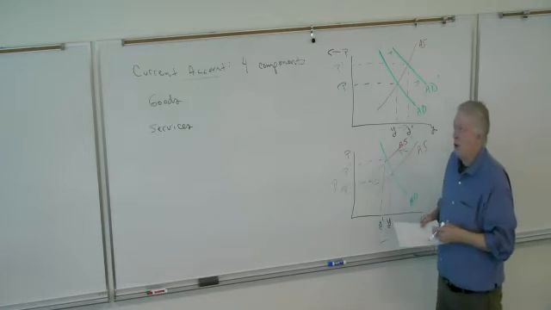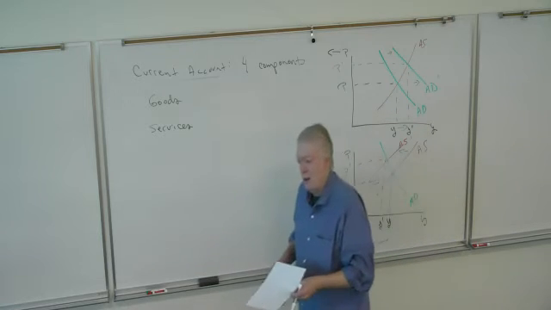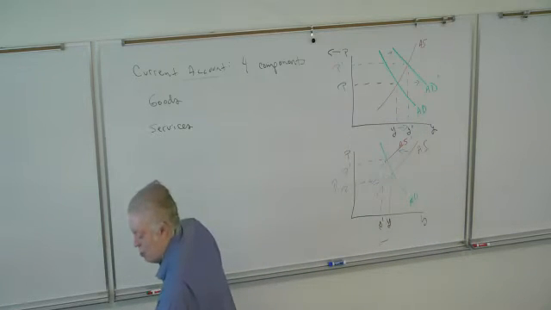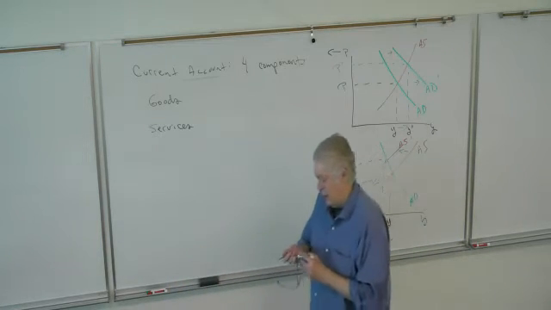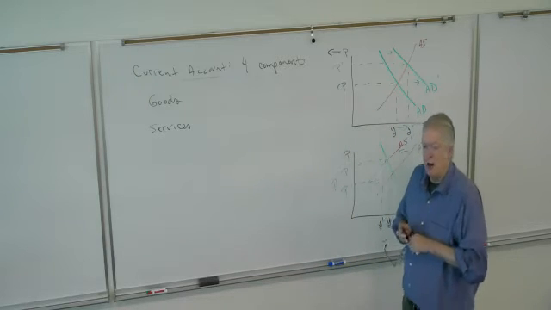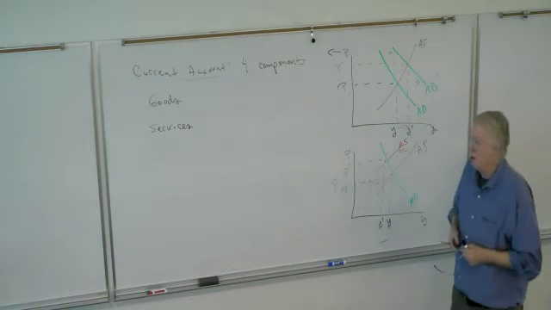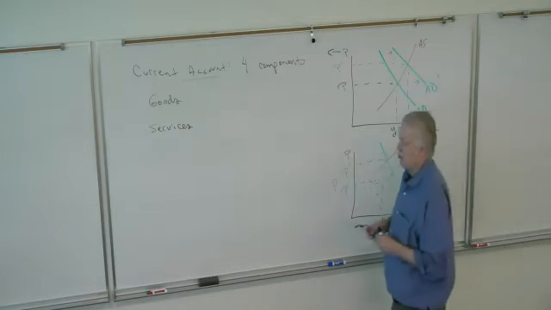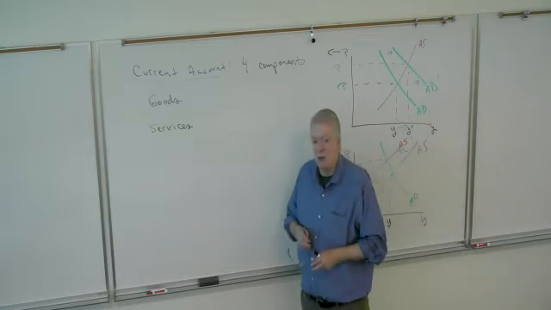Goods include all things like oil and clothing and food and whatnot, whereas services are difficult to put your arms around. You can't put it on a truck and move it. These would be things like engineering services and accounting services, financial services, healthcare, entertainment, those kinds of things.